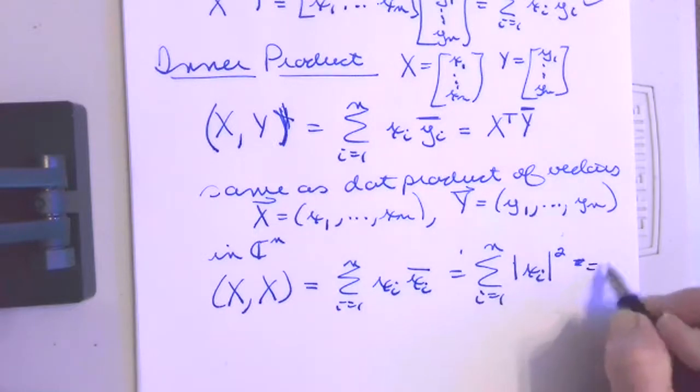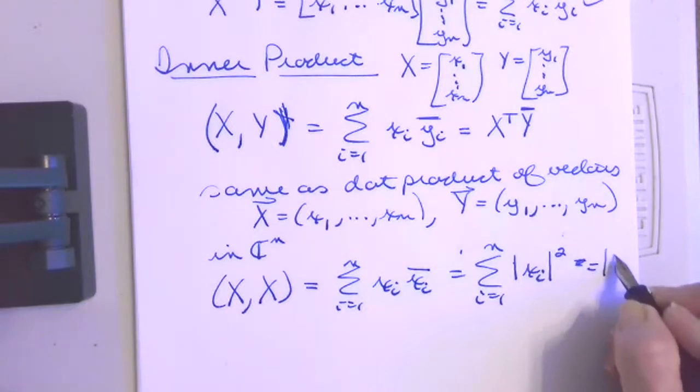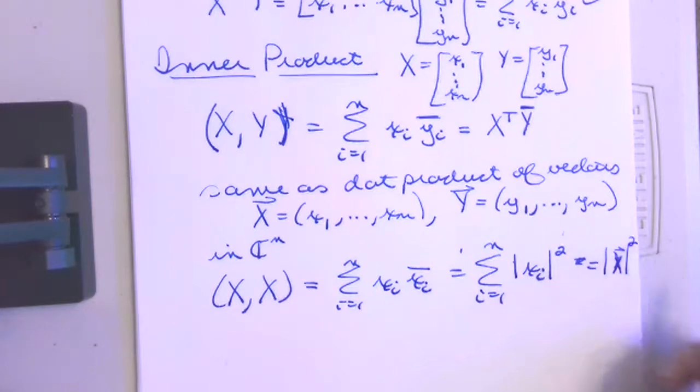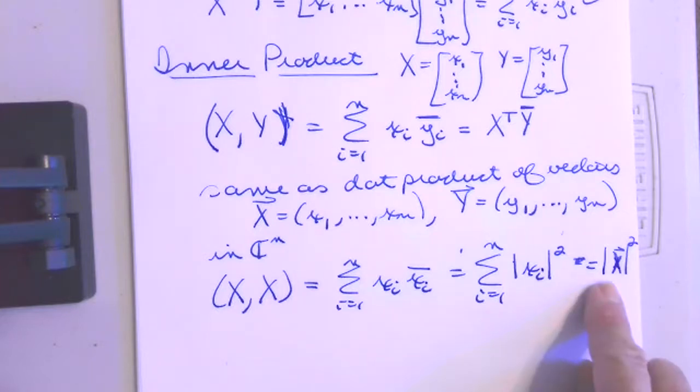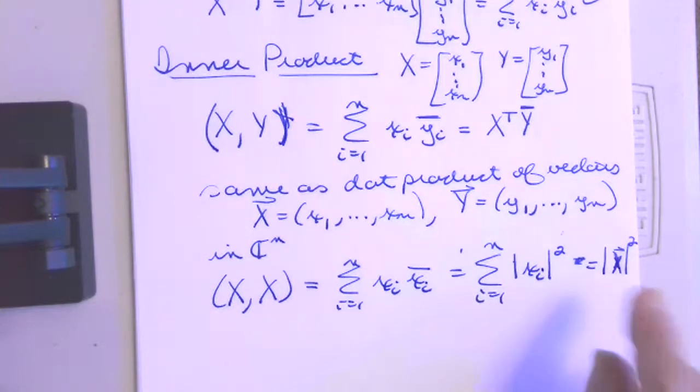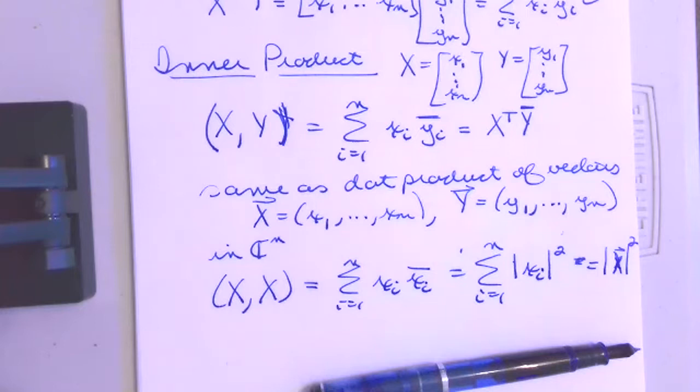This is the length of the vector x in your calculus 3 notation, squared. Because how do you get the length of a vector in calculus 3? You square each of the components, add them up, and then take the square root. That's exactly this. Square each one, add them up, and then to get the length of the vector, you have to take the square root of that.